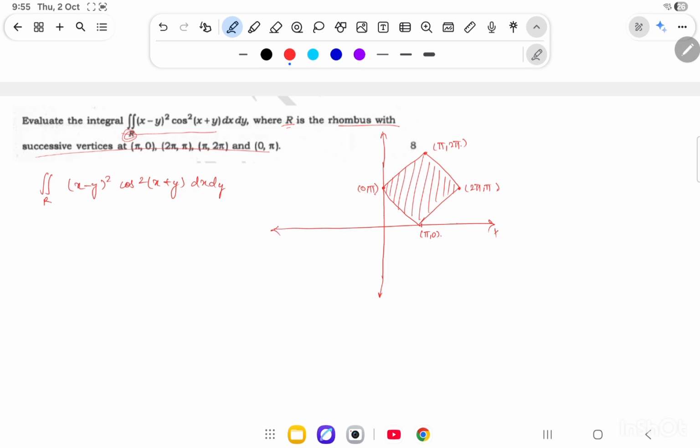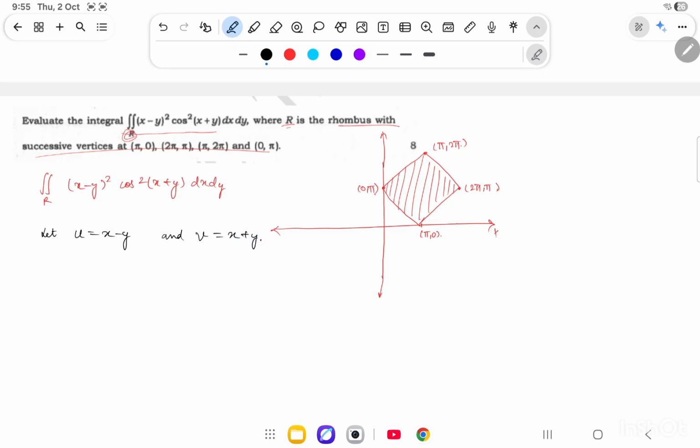Now if you see that, we can do it directly as well, but then that will complicate our calculation. So first let's just do some transformation and reduce the integral basically to a simplified form. So let's use the transformation u equals x minus y and v equals x plus y.